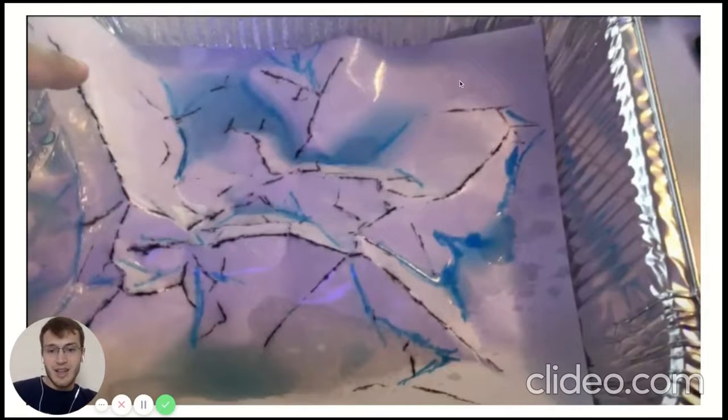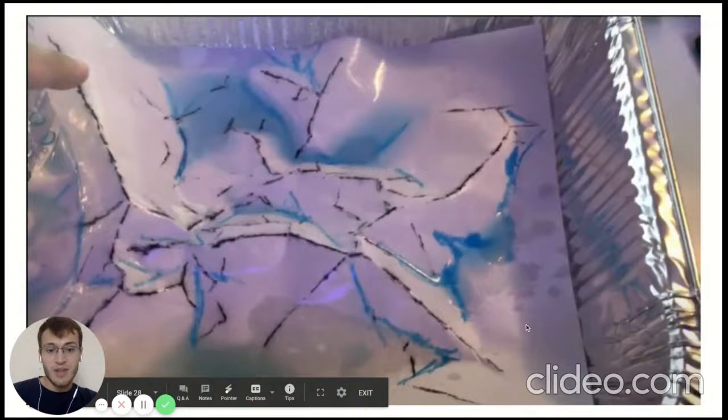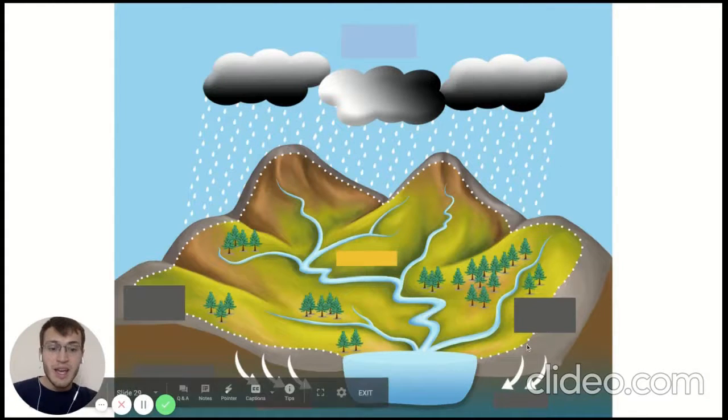So here, if water falls anywhere inside of these ridgelines right here, the water is all going to go to this lake. So this is one watershed. Here's another watershed. Any water that falls here is going into this lake. Same here, and then same here. So here, everything within this dotted line is one watershed. Any rain that falls on these colored parts is going to go into this lake.